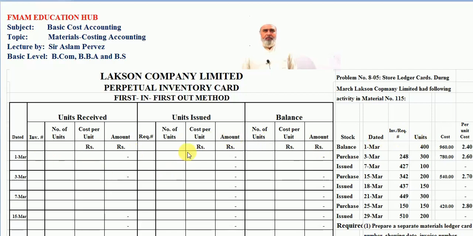These three columns, units received, units issued, and balance, have the same formats in their sub columns. Students, let's start to solve this problem now.